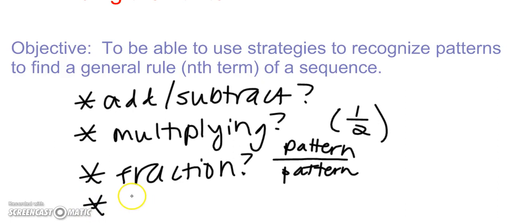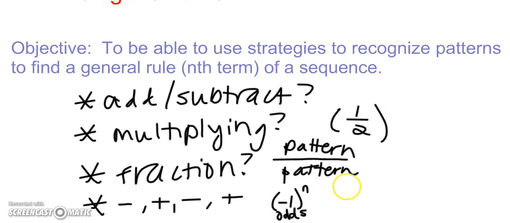Finally, if your signs alternate, so if you have one term that's negative, and then one that's positive, and then something negative, and then positive, you're going to need to use -1 to the n power, okay, and that's going to put negatives in the odds, or you'll need -1 to the n plus 1 power, and that's going to put them most likely in the evens, assuming we're starting with n equals 1.